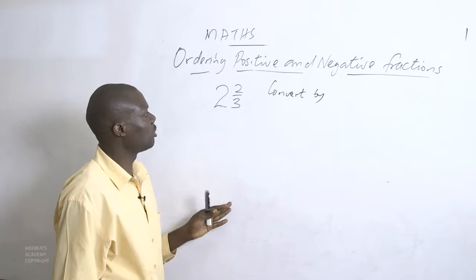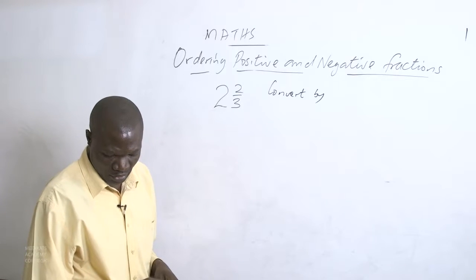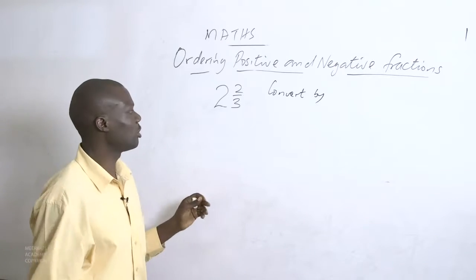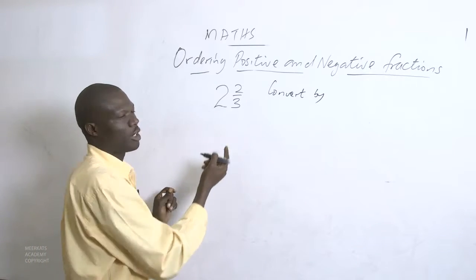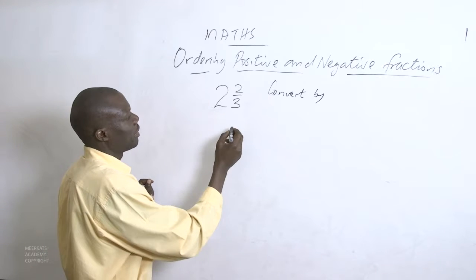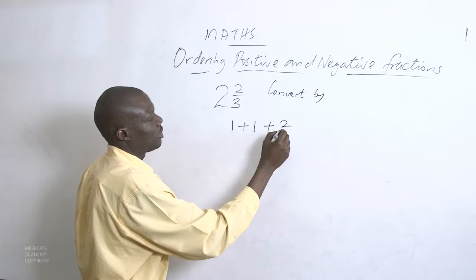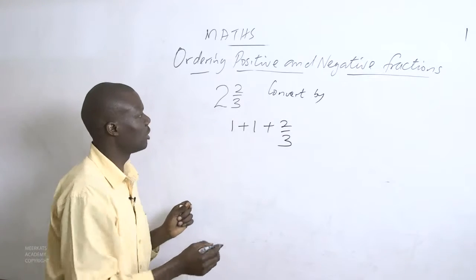The first method, as we saw earlier on, means 1 plus 1 plus 2 over 3.